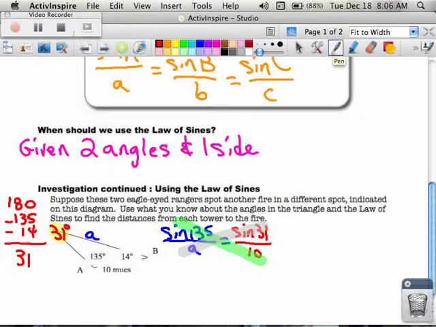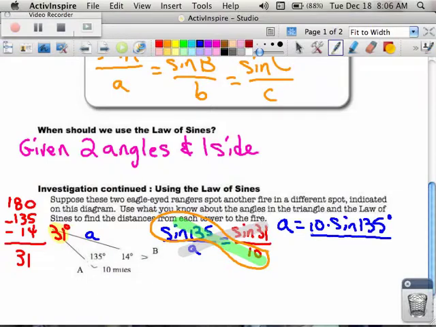So I multiply the things that are across from each other that I can figure out, the 10 and the sine of 135, and divide by whatever's left over. In other words, a is equal to 10 times the sine of 135 degrees divided by the sine of 31 degrees.